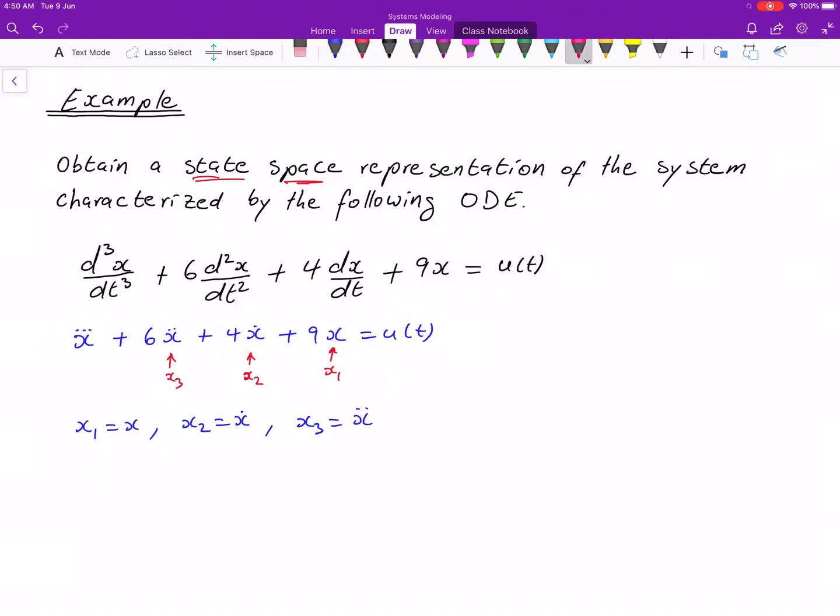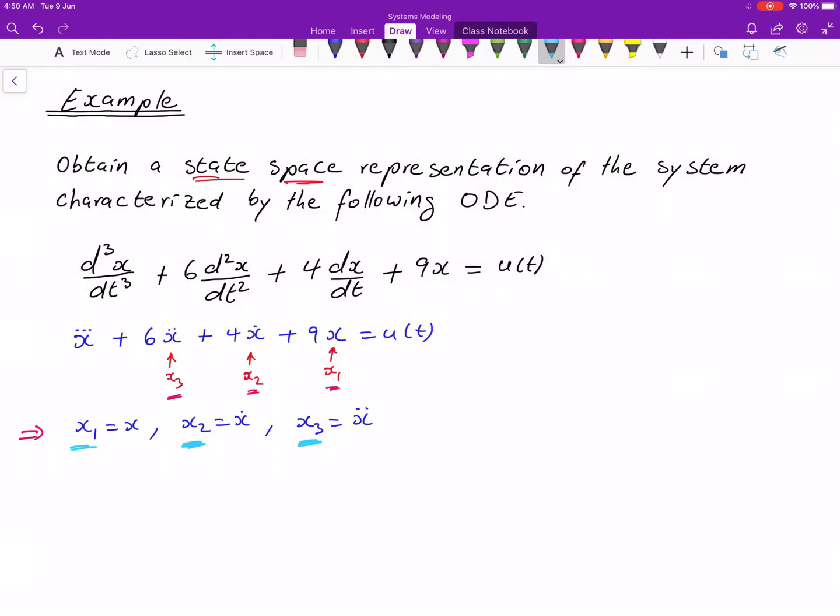I've written this information here so that we can see which one was assigned to what. These are our state variables: x1, x2 and x3 are our state variables.